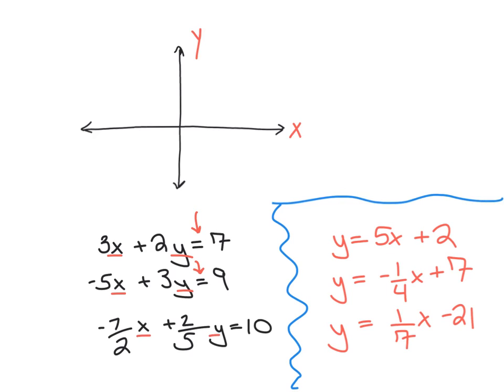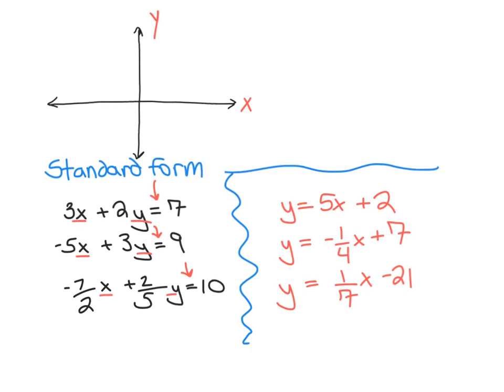So we could graph each of those equations, but it would take some work to do that. So these are called standard form, and that is when your x and your y are on the left side of your equal sign.